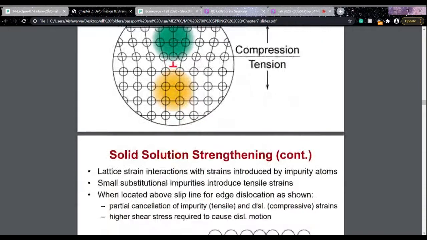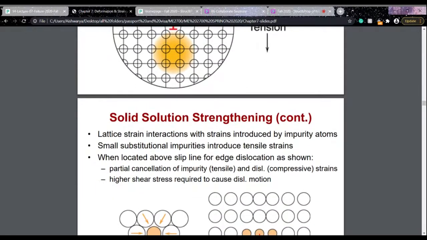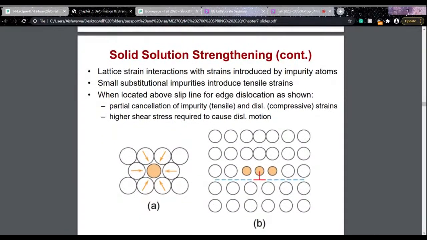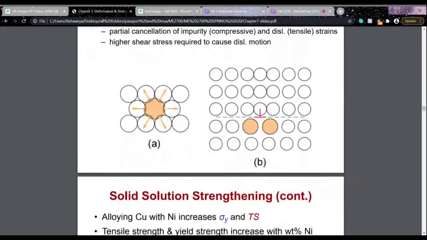So the addition of impurities, which is also called solid solution strengthening, is the other mechanism where we can strengthen the material. Here you can have compressive stresses or tensile stresses in the tensile strain material.